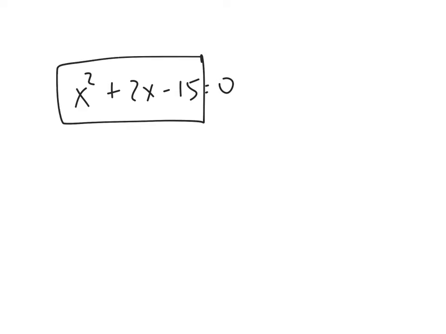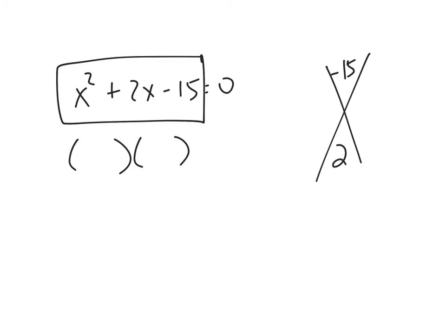So if we had that x squared plus 2x minus 15 equals 0, we're not going to worry about the 0 for now. We're just going to worry about this part again. And so we know we've got to have two parentheses, okay? And we know we're going to put the last number here and the middle term there.